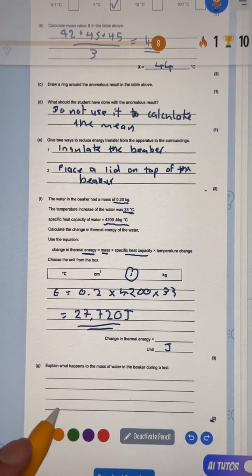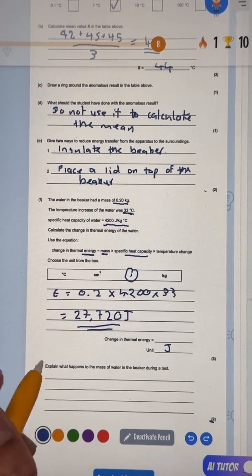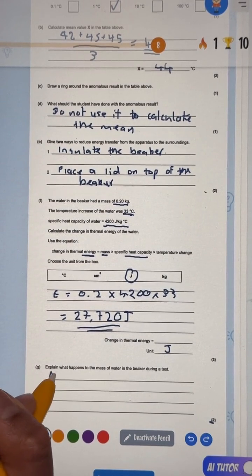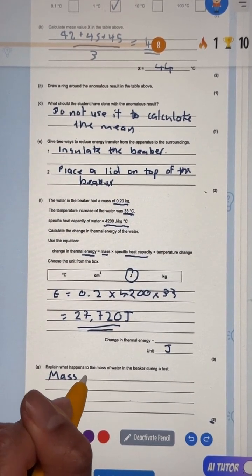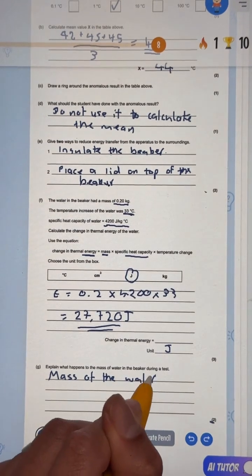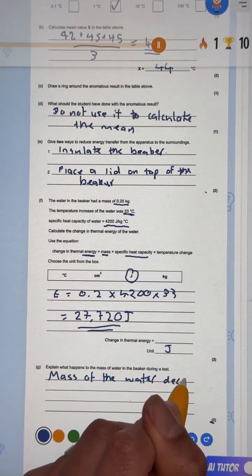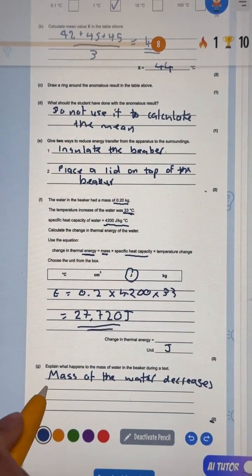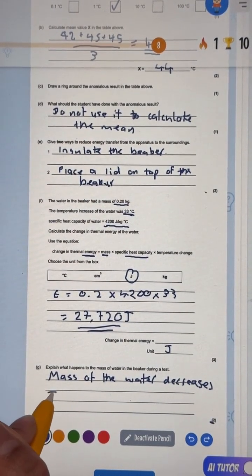So perfect. So the answer is that the mass of the water decreases, for 1 mark. And this is because the water has evaporated.